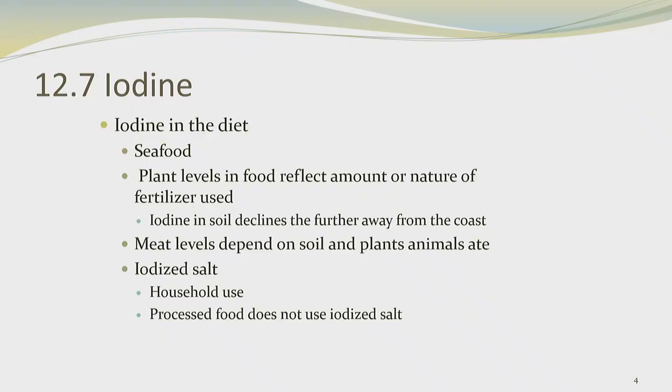So the further away from the ocean, or the higher the altitude, the less iodine one would typically find in the soil. And this also translates to how much iodine you'll find in the food that is grown in that soil. So in order to prevent iodine deficiency, iodine is typically added to salt for household use.